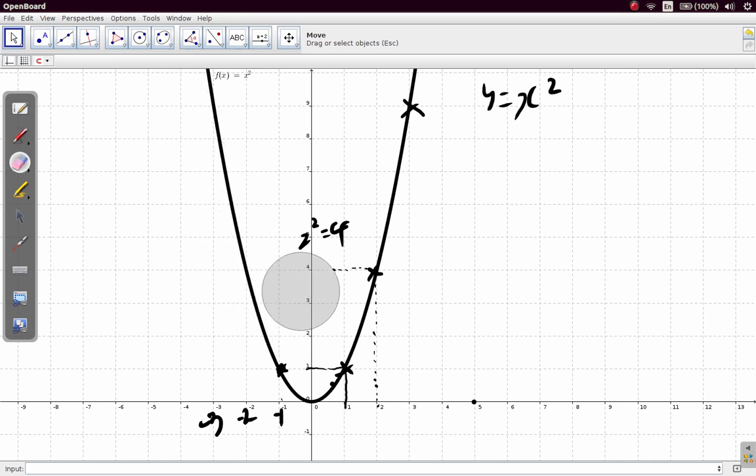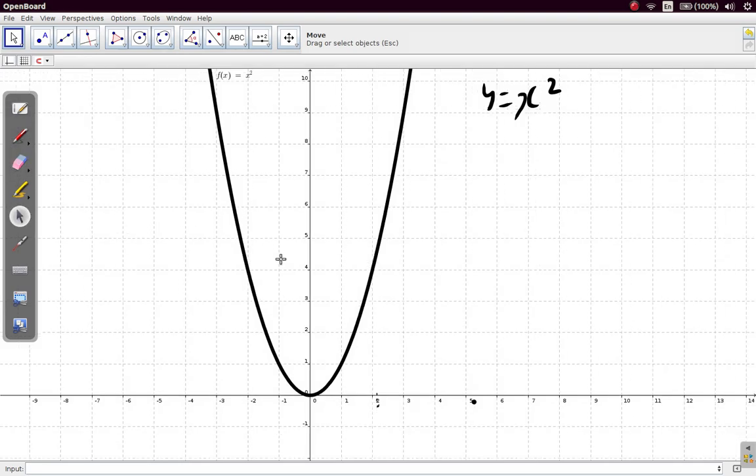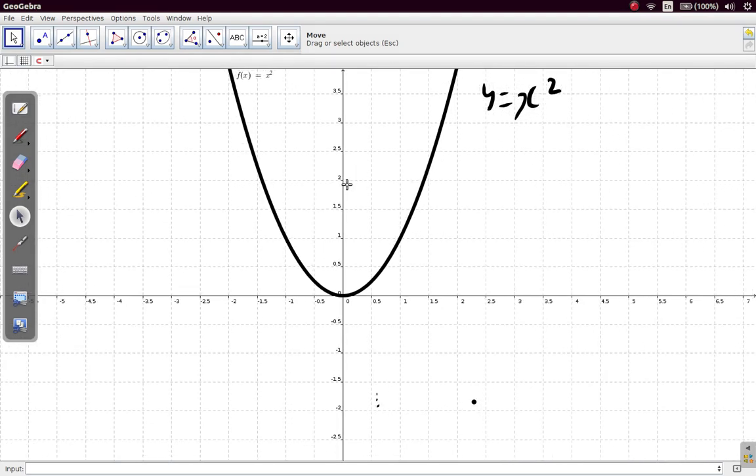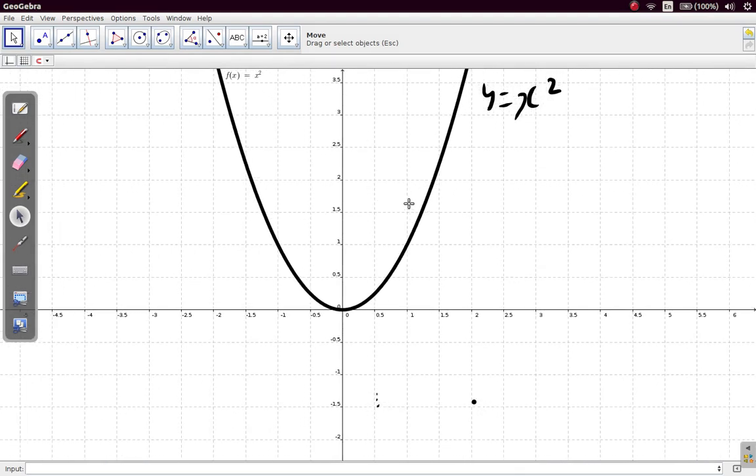Now let's talk about the graph itself a bit. Let's zoom in. Now this graph has a certain shape. The shape is called a parabola, P-A-R-A-B-O-L-A.